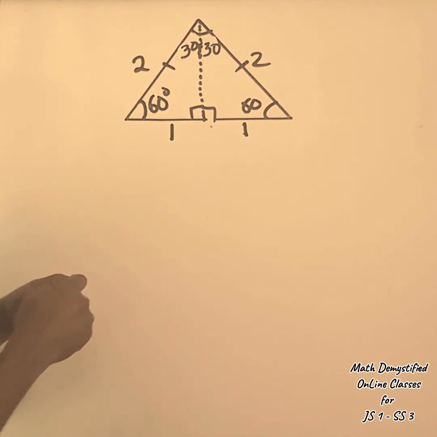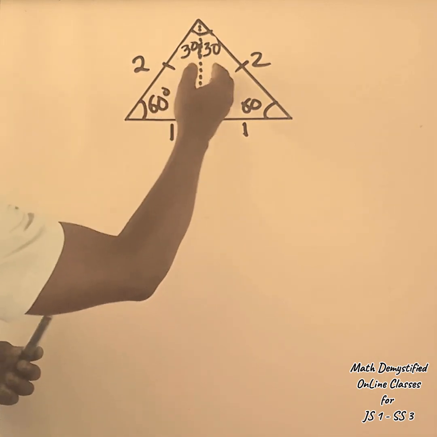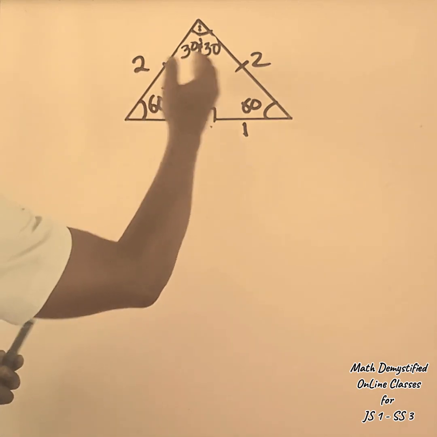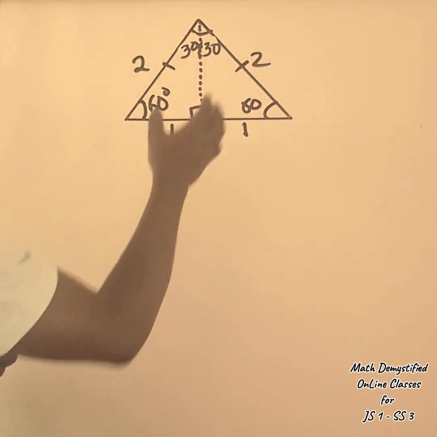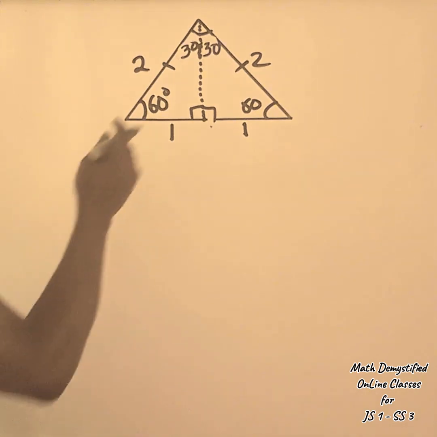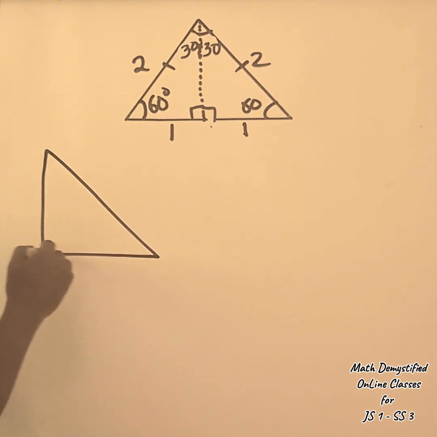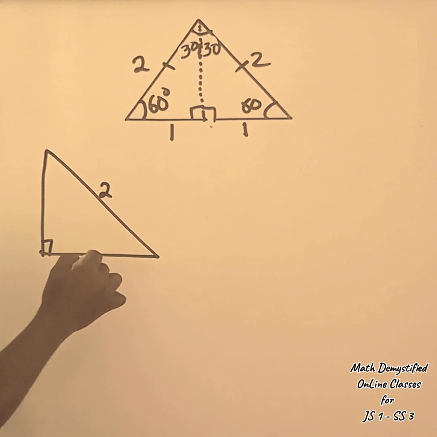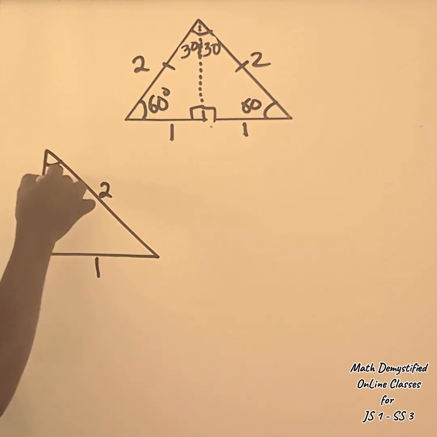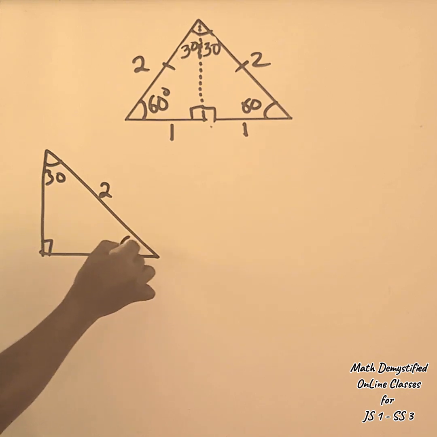So you now see that these two triangles are congruent. That's become a twin. So let's pick one of them and use. If I pick this triangle over here, this side will now be 2, and here is 1, this is 30, and this is 60 degrees.